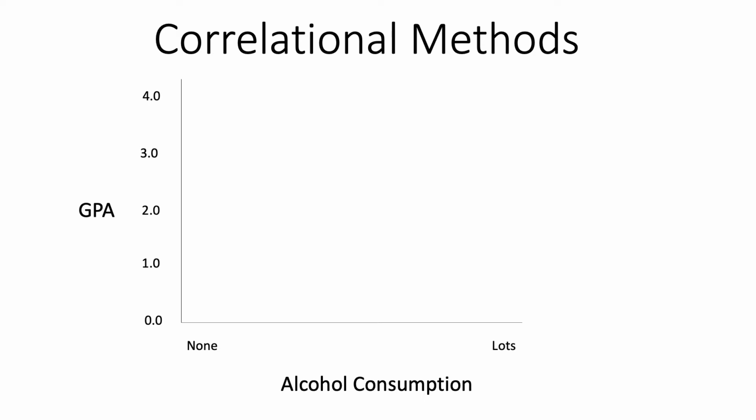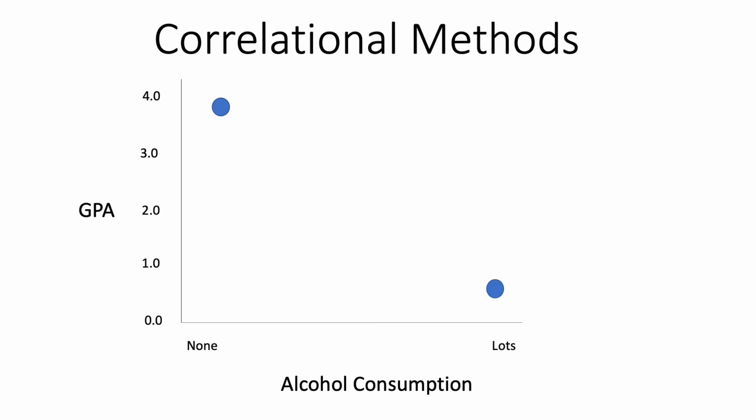All right, so we go out and get our first subject in the experiment, and it's represented by this blue dot that just popped up. Now notice this person doesn't drink very much. The blue dot is way down low near the word none on the x-axis, but the person's GPA is really good. It's really high. So this person doesn't drink much and has a good GPA.